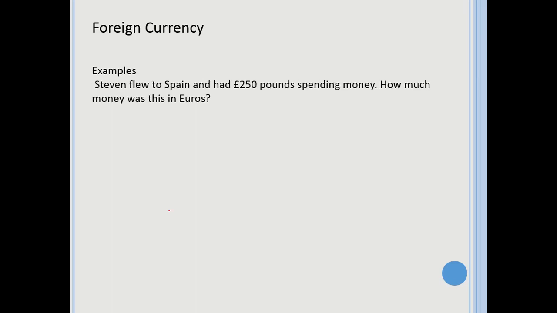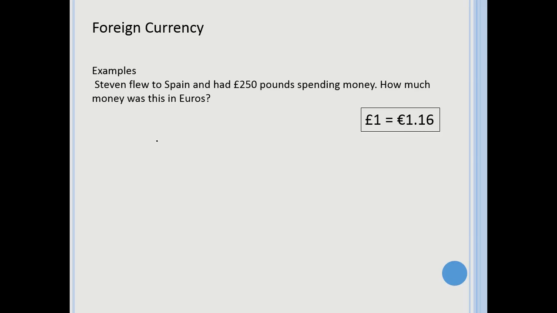So let's have a look at some examples and how we would be setting out the working in our jotter. Stephen flew to Spain and had £250 spending money. How much money was this in euros? And we've got our exchange rate, so we've been told in the question, I don't have to look it up. £1 is equal to 1.16 euros.